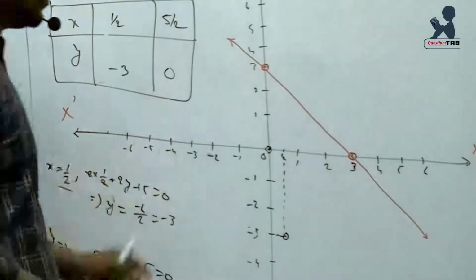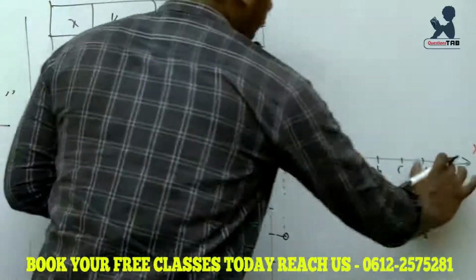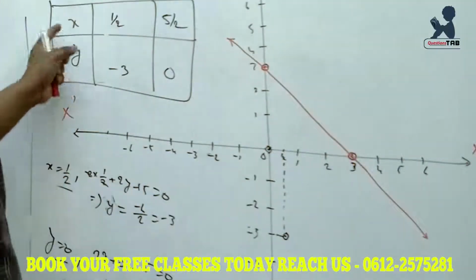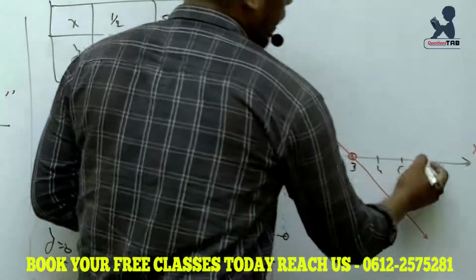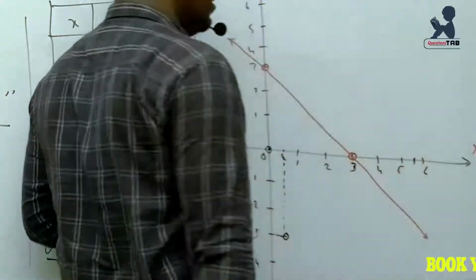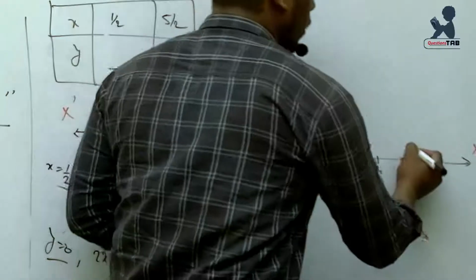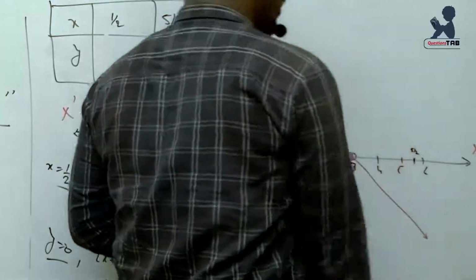For y equals 0, that is our x-axis, x is 5 by 2. So 5 is here, 6 is here, so somewhere here we got our 5 by 2.